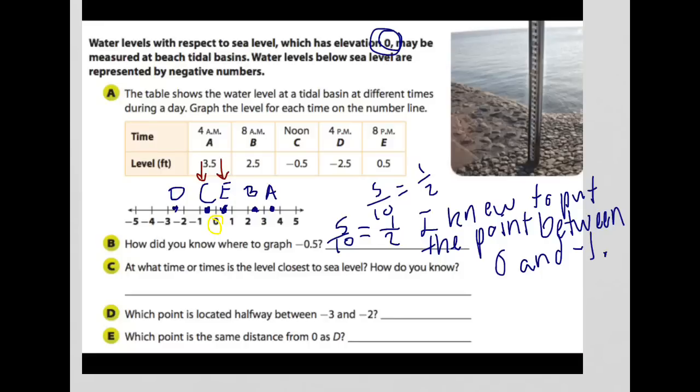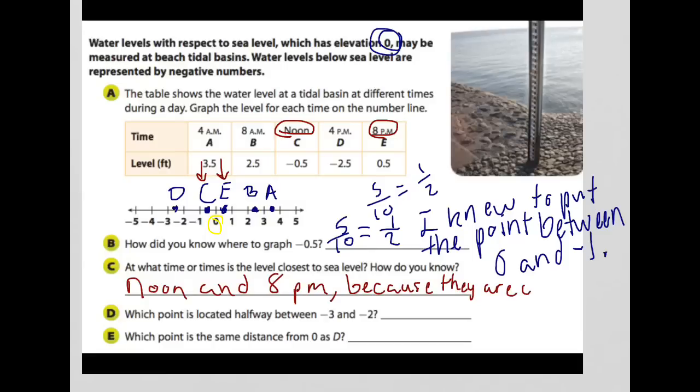So C and E, those are my two times. Noon and 8 p.m., because they are closest to 0.